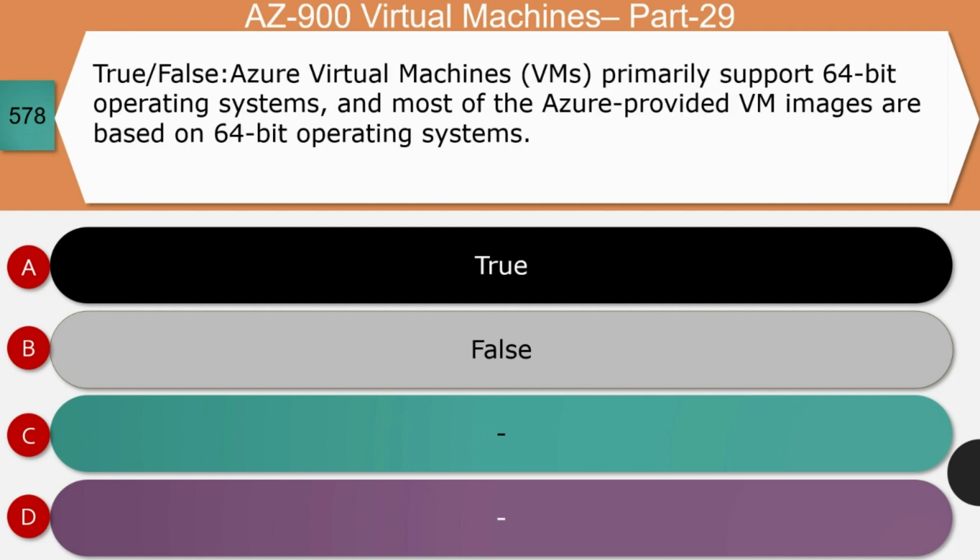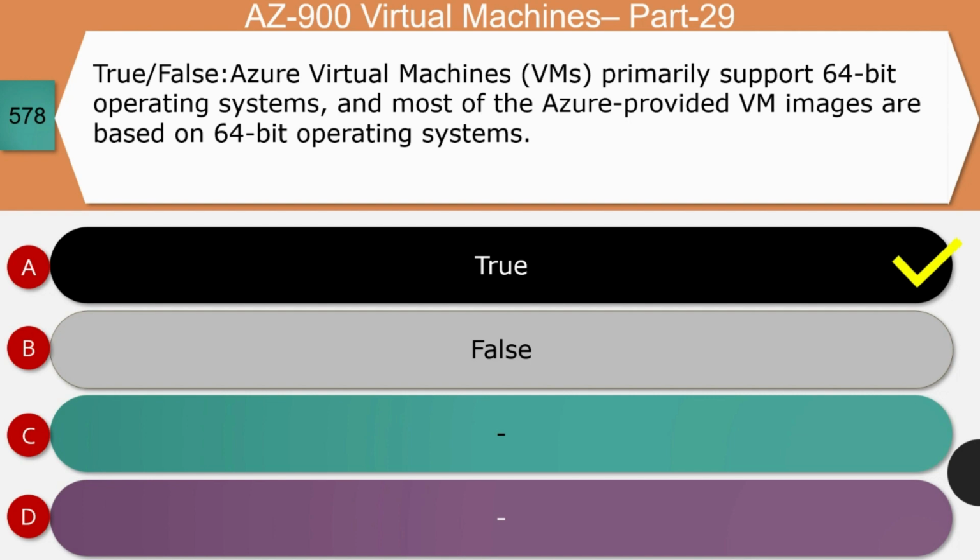Next question, true or false? Azure Virtual Machines primarily support 64-bit operating systems and most of the Azure provided VM images are based on 64-bit operating systems. Is it true or false? The right answer for this question is true, that is option A. Let's see the reason. Azure VMs primarily support 64-bit operating systems and most of the Azure VM images are based on 64-bit OS only.